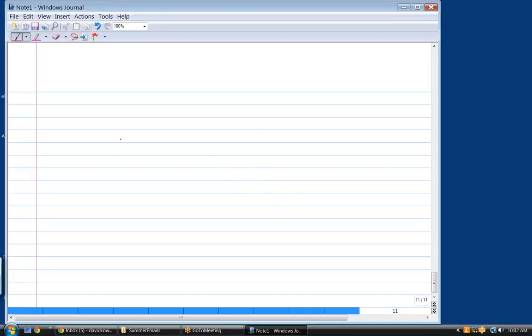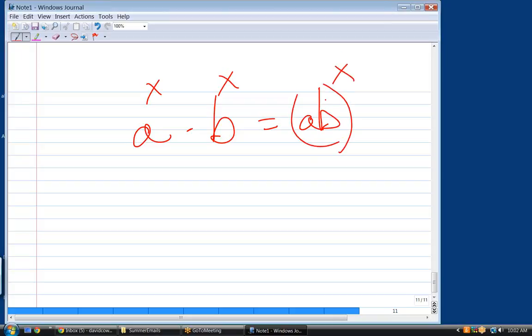Now, there is a different situation where if I have a to the x times b, a different number, but to the same exponent, I can simplify that. That's equal to ab to the x. So it's not always that you can't handle different numbers, but you either have to have the same base or the same exponent before you can simplify these things.